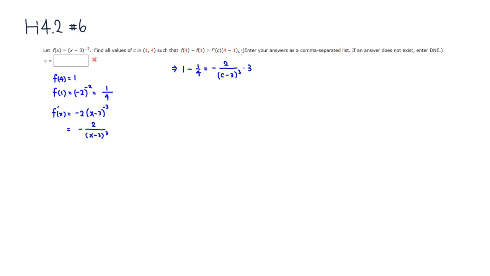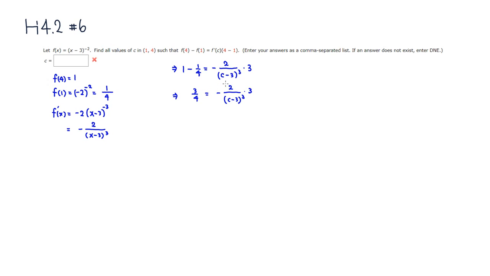Let's try to solve for c here. This is going to be 3 over 4 is equal to negative 2 over c minus 3 cubed. Actually, I'm just going to leave it as it is, since I want to be able to cancel the 3.